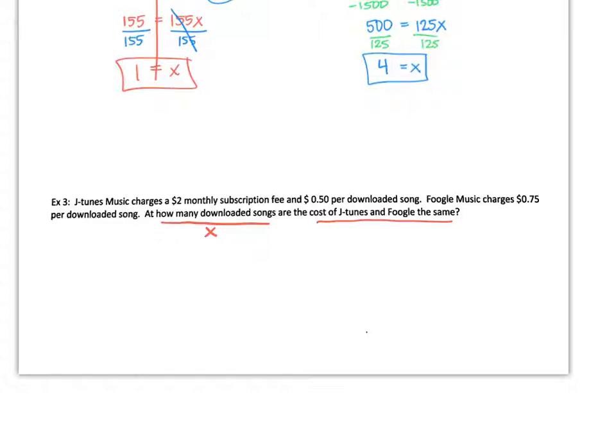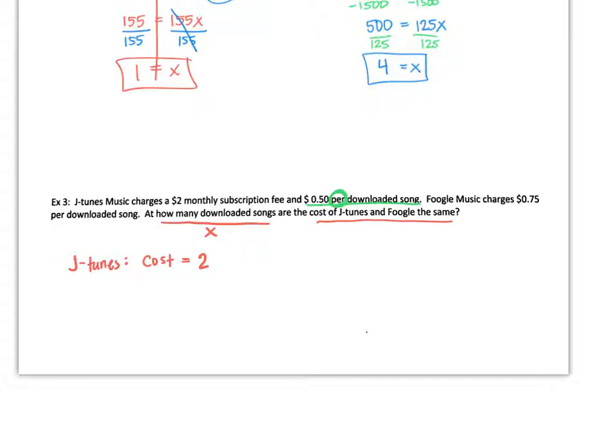And first, I want to take a look at each of these music services. So JTunes, the cost is going to equal a $2 monthly subscription fee and 50 cents per downloaded song.